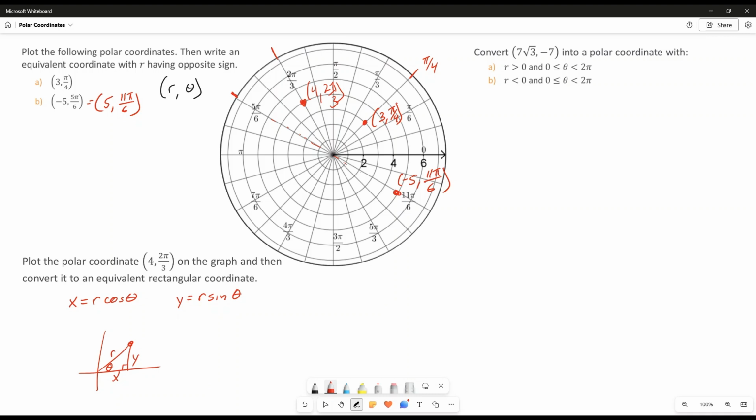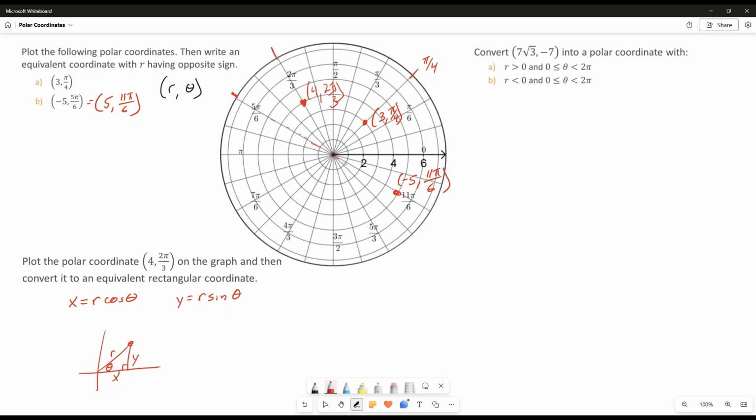The cosine of the angle would be the adjacent over the hypotenuse, so x over r, and the y coordinate would be the opposite over r, so that's going to be sine. So we get these two equations, x = r cos θ and y = r sin θ, just by applying our knowledge of right triangle trig.